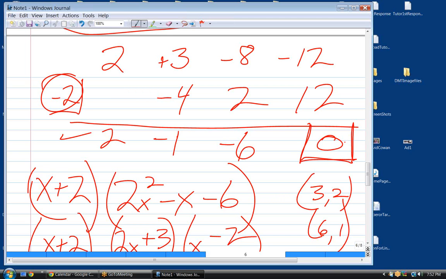That's the zero factor theorem. If I produce 0, it means it is a factor. If I produce any number other than 0, it means it's not a factor, not a solution. So that's what the zero factor theorem means: you have to get 0 in this last spot here for that to be a solution.